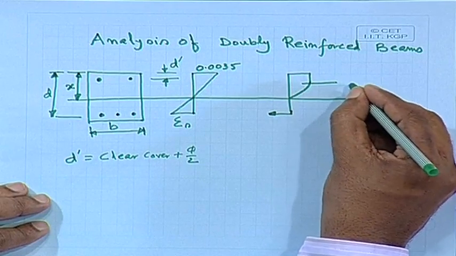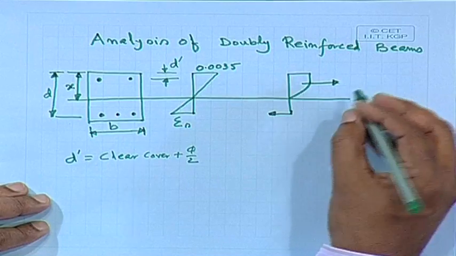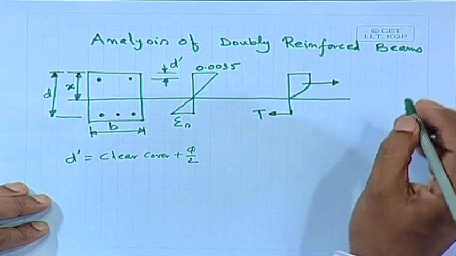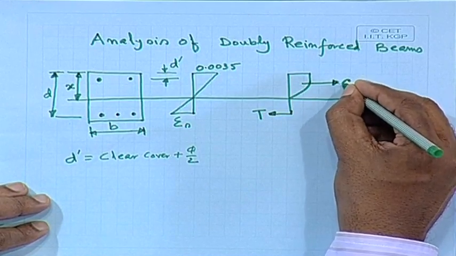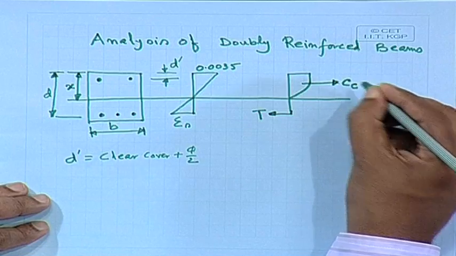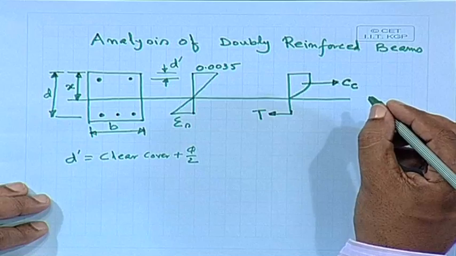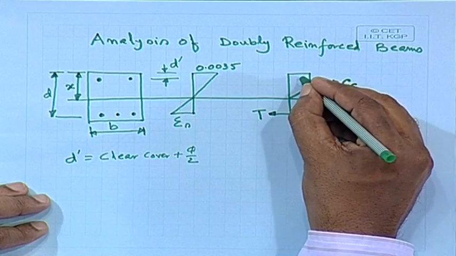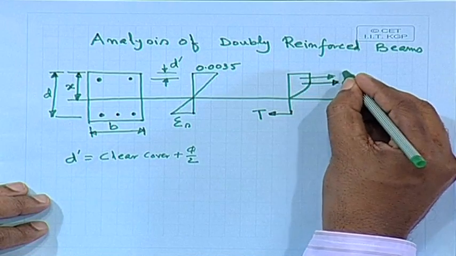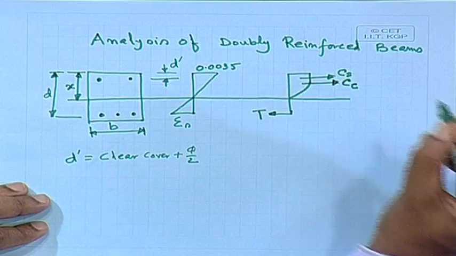We have, let us say this is T, Cc due to concrete only, compressive force due to concrete only, and we have Cs.